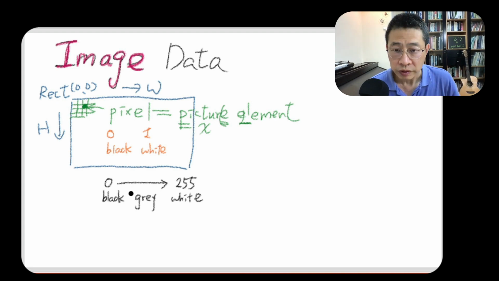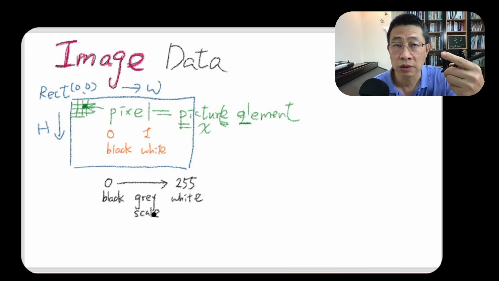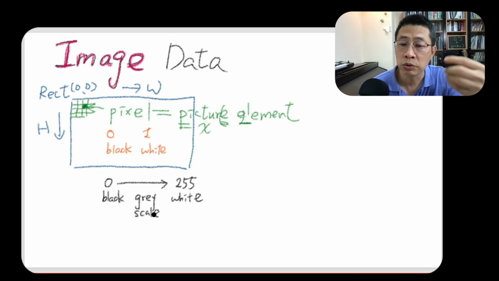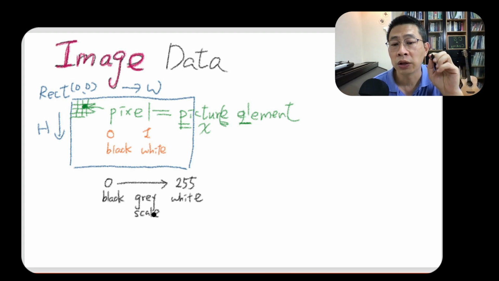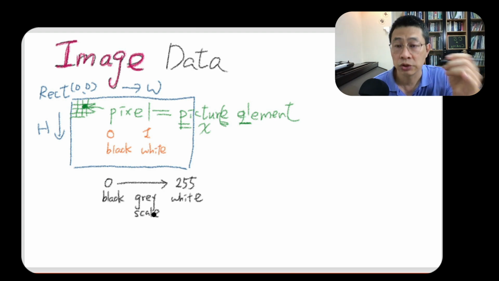This kind of representation we call a grayscale image. Our traditional monochrome TV uses grayscale, only the brightness. Still we can represent a lot, right?